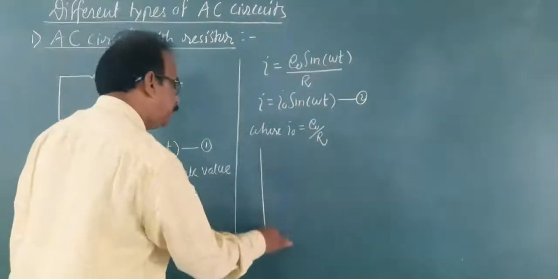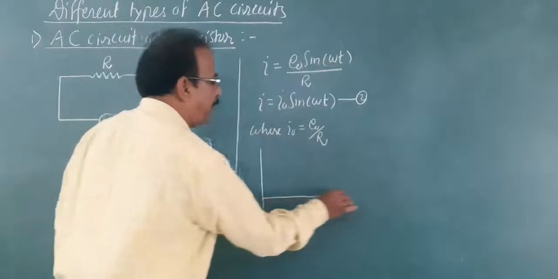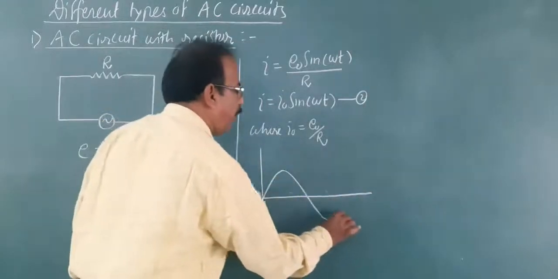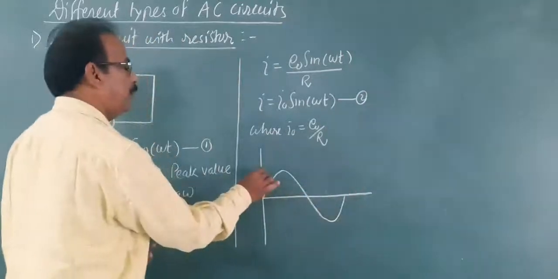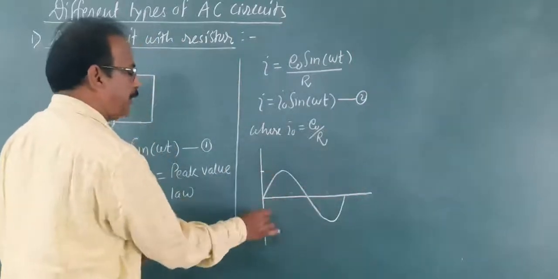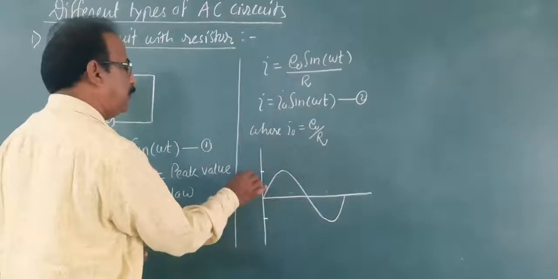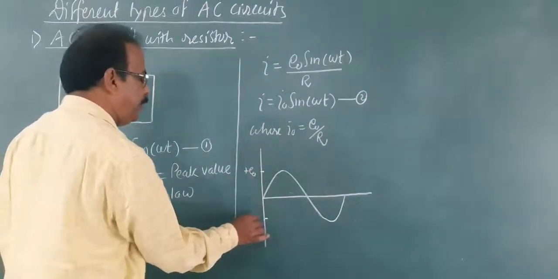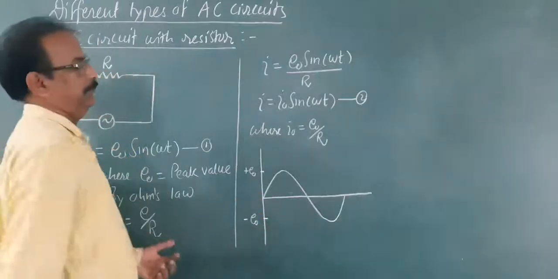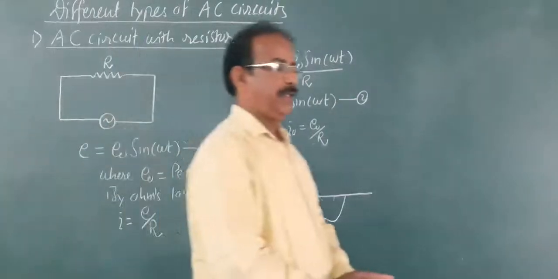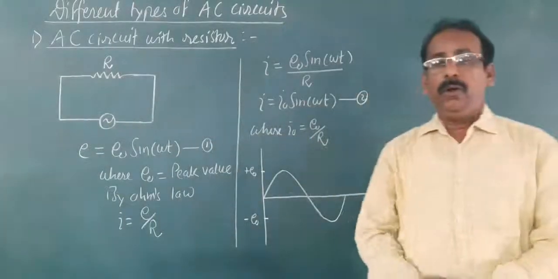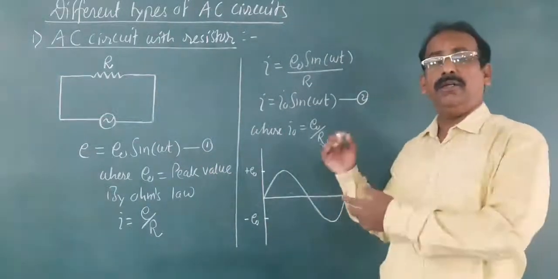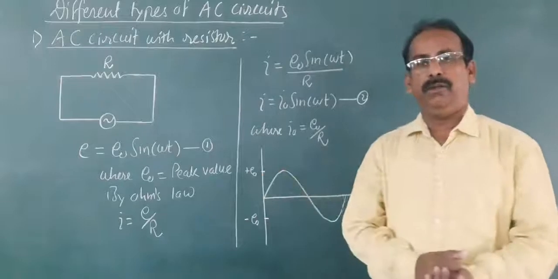Suppose the variation of applied EMF is shown by this graph. The EMF is varying periodically between two values, plus E0 and minus E0. This is the variation in EMF. Current is also in same phase.